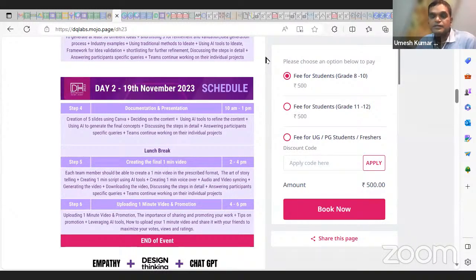So how do I know who else has registered so I can team up with them? What we can do is shortly create a Discord group in which you can introduce yourselves and express your interest, and if somebody of similar interest is found, you can create a group.